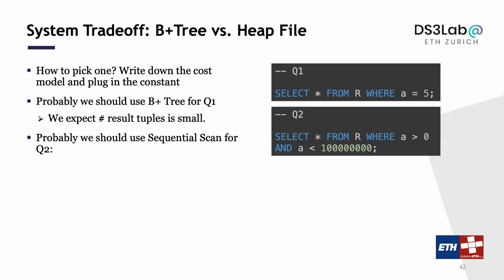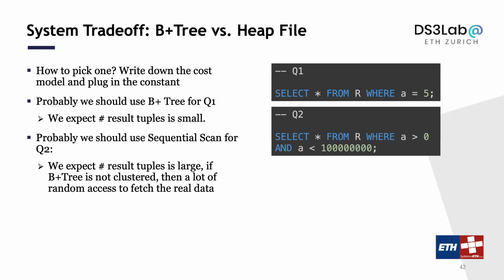However, for the second one, Q2, if you expect most of the tuples in this relation to be returned, then highly likely you're better off doing a sequential scan, because I need all those tuples anyway. I need to access all those pages anyway. So doing one pass of sequential scan is often faster, especially with an unclustered B plus tree.